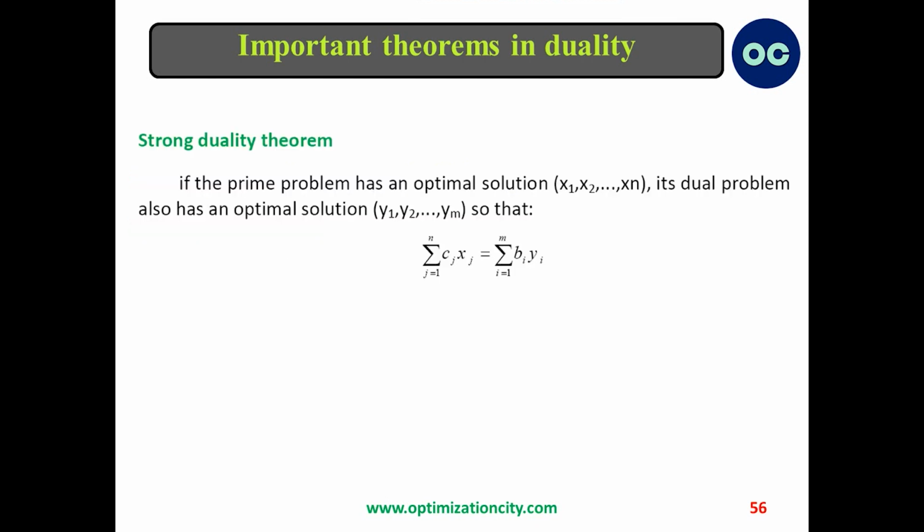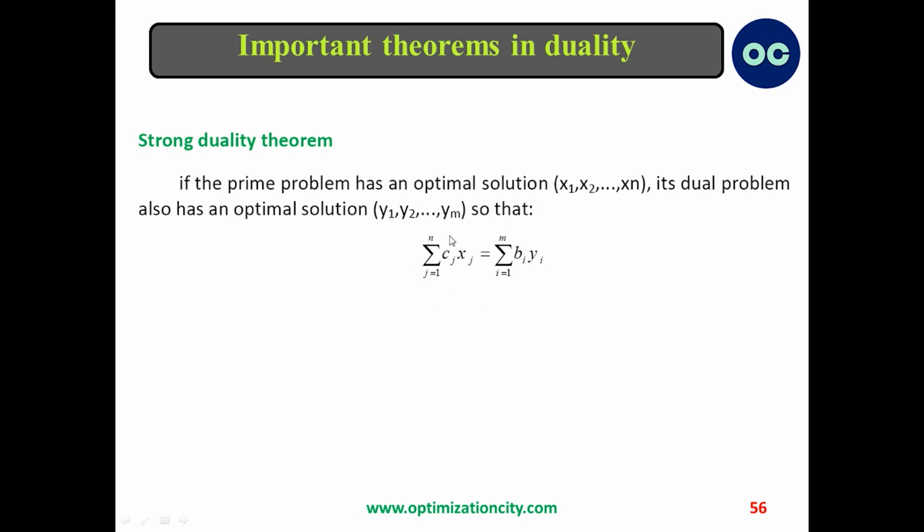What is the strong duality theory? If the prime model has an optimal solution x1 till xn, then the dual problem also has the optimal solution y1 till ym, such that the objective function of the prime model is equal to the objective function of the dual model.